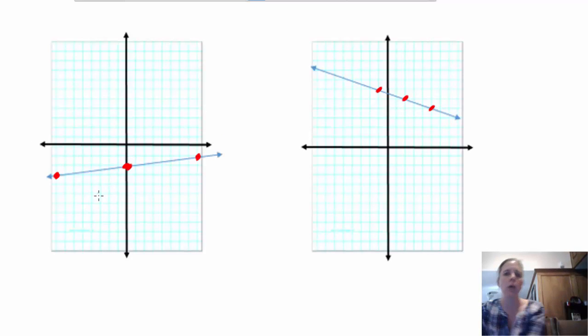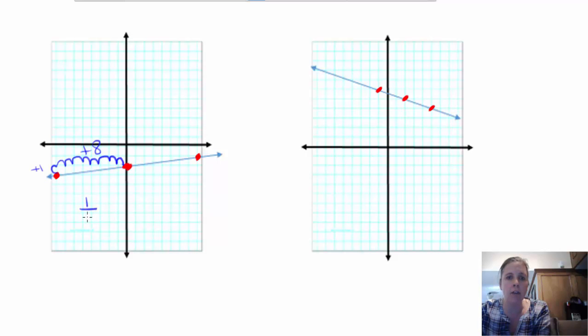Okay, so when we look at this one again, this slope is not as steep, so the slope is going to be smaller, and it is puff positive. So we know it's going to be positive to start. So we're going to go up. We're only going up 1 on this one. To the right, so that's plus 1, and to the right, 1, 2, 3, 4, 5, 6, 7, 8, plus 8.